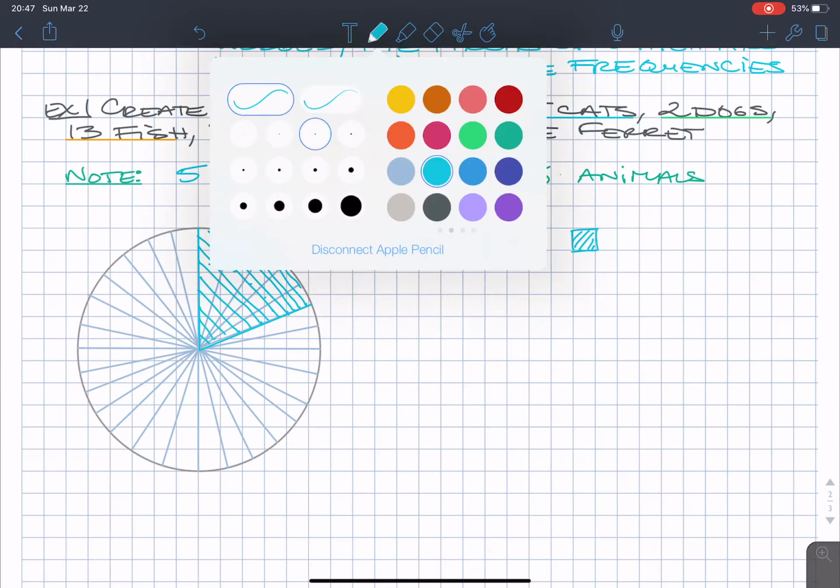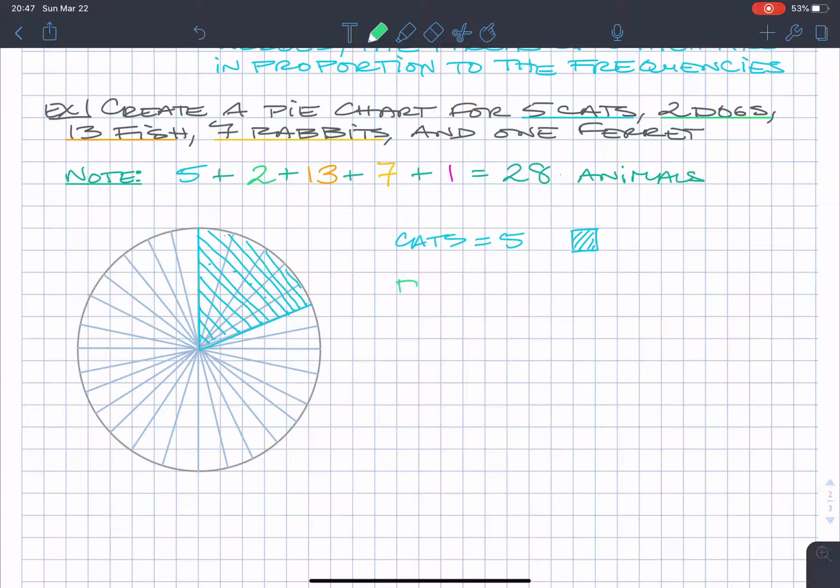Now let's do dogs. So dogs was 2, so that'll be illustrated, of course, in green, so 1, 2 parts of the pie chart. So let's go ahead and color 2 out of 28 green for the dogs.